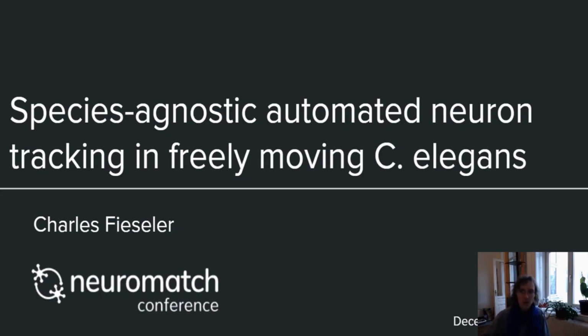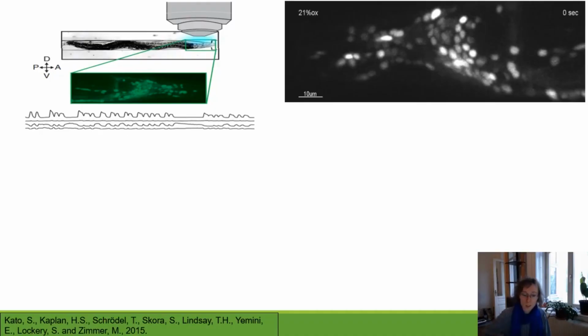So, a quick introduction on the history of C. elegans and neuronal imaging. In the Zimmer lab, we've done a lot of work on immobilized animals and extracted traces from these beautiful videos, as you can see in this image right here.